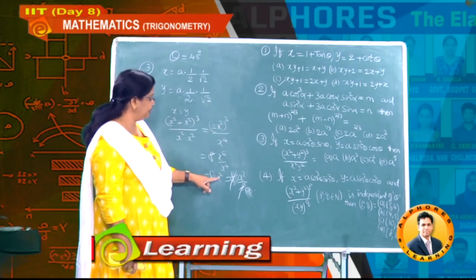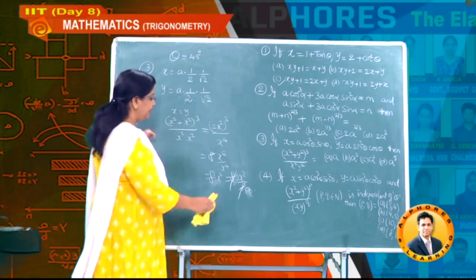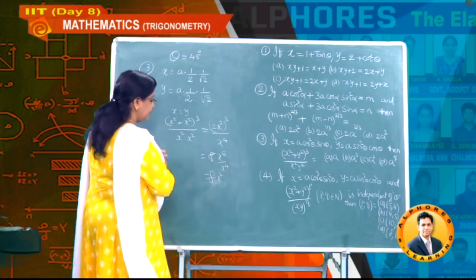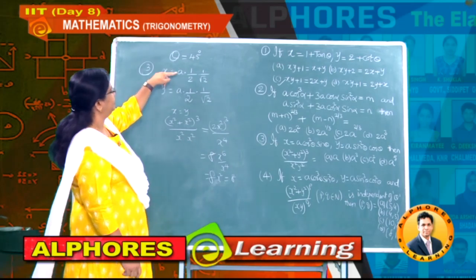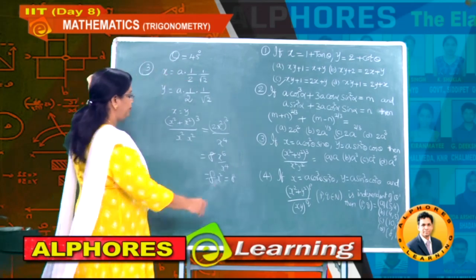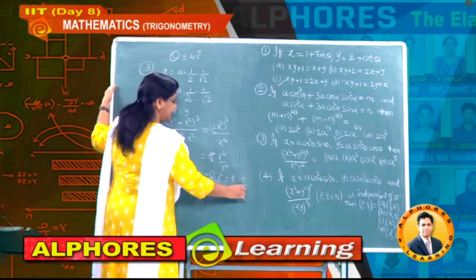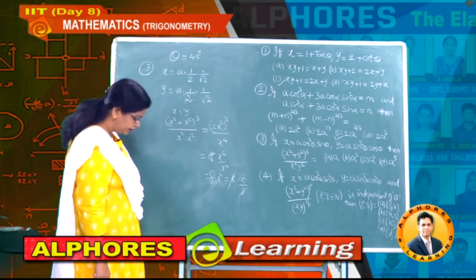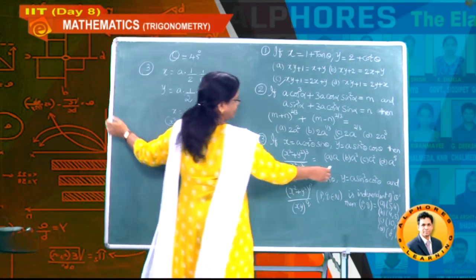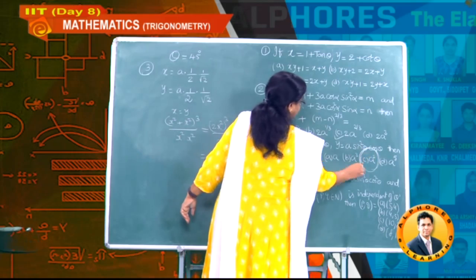So 8 times x square, and 8 times how much did you get here? It is x square, meaning 8 into the x value, which is how much? a by 2 root 2. So you got a square divided by 8. Understand? So finally, what is your answer? a square. So a square is our right answer.